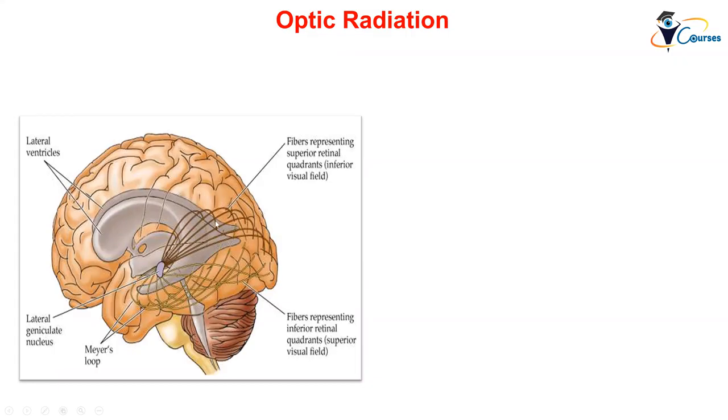So a lesion in the parietal radiation will cause an inferior visual field defect, and a lesion in the temporal radiations will cause superior visual field defects.